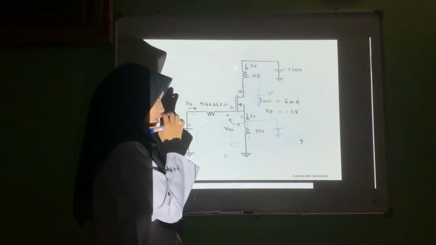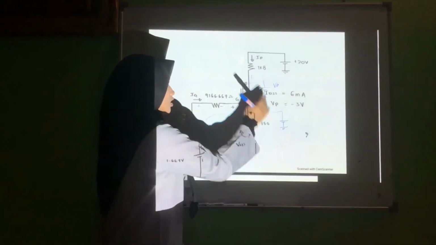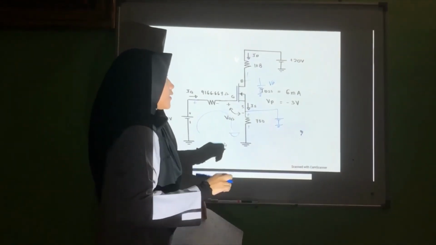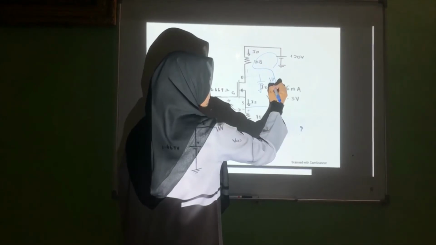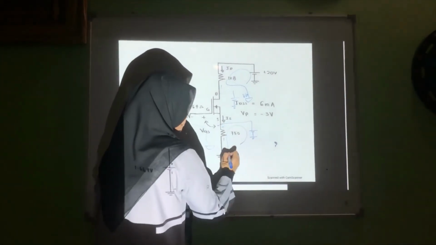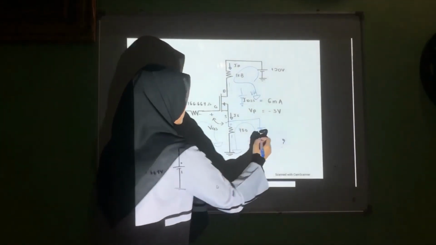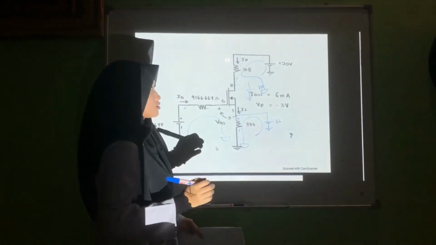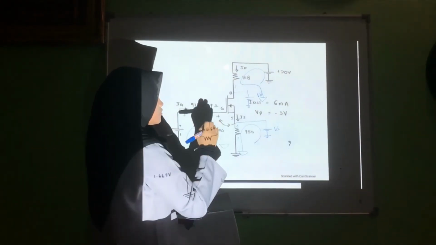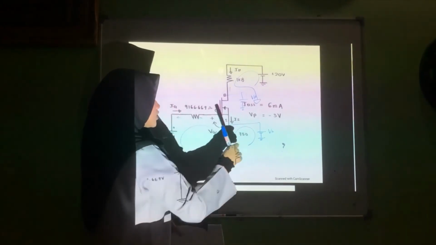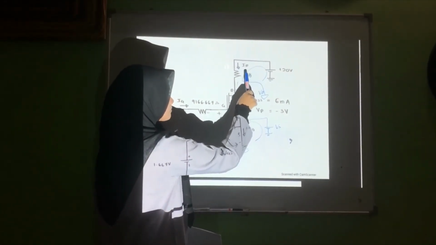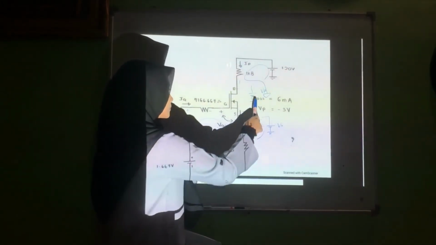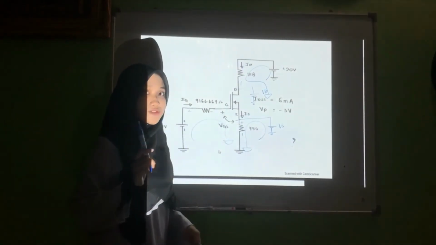By looking at this circuit, we know that we can apply KVL in this loop to find VD, and this loop to find VS. To find VD first, using KVL, negative 20 plus ID multiplied with 1.8K plus VD equal to 0.